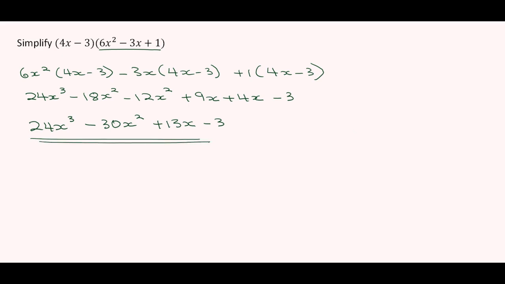And then our final example, we have two trinomials, so it doesn't matter which one you make a constant term. So I'm going to use this as my constant term. So now I have 3x squared.